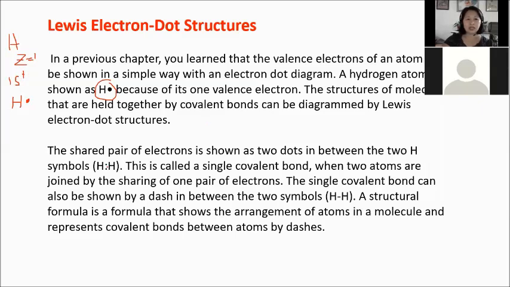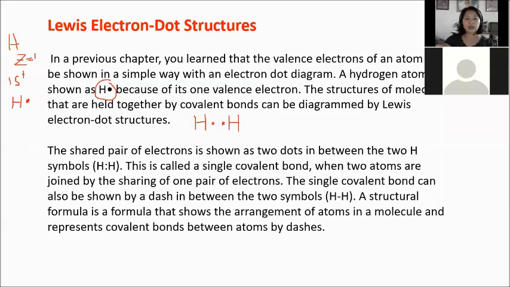Now, since hydrogen needs 2 electrons to react with other elements, it needs to follow the configuration of helium. So it needs another hydrogen atom. That's why we have 2 dots.